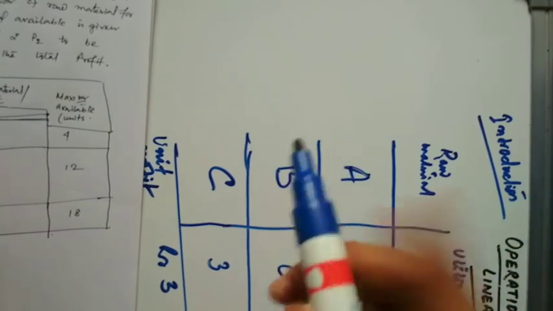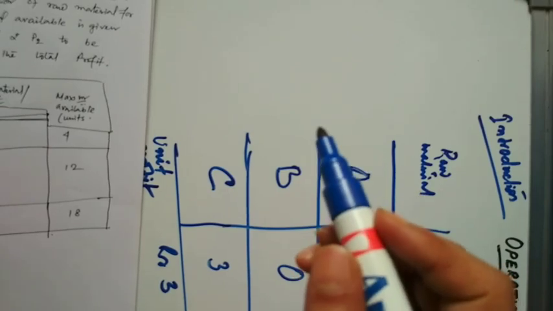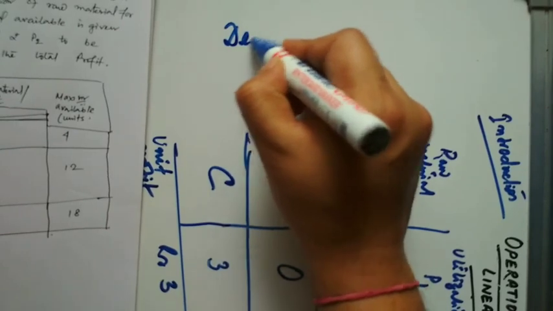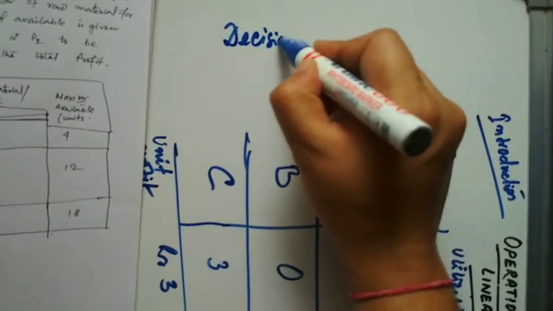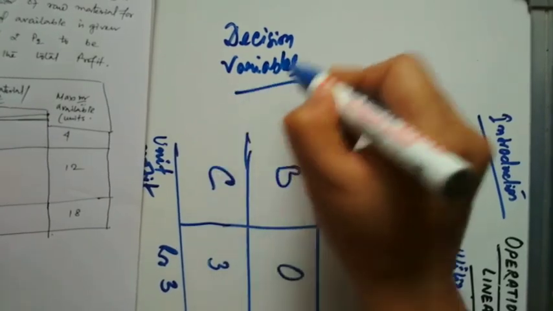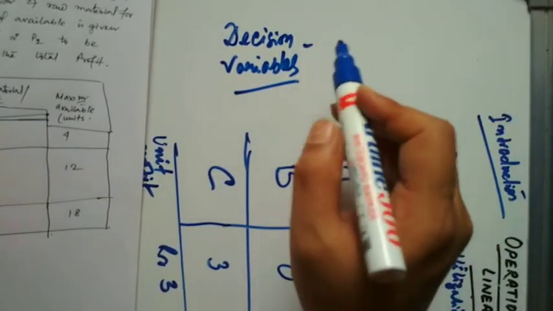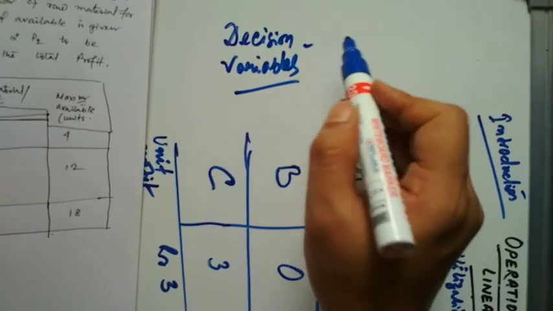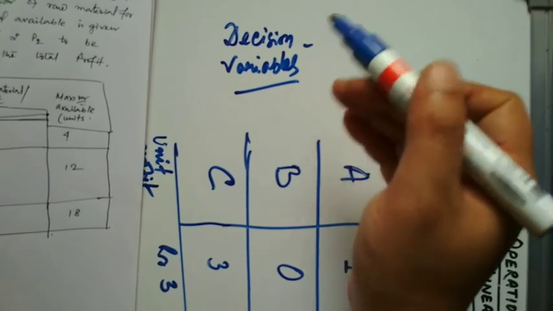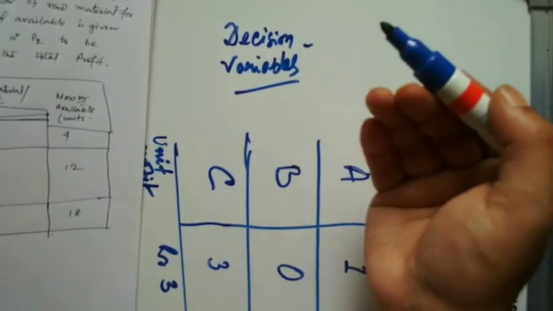For example, decision variables in a product mix manufacturing, for any manufacturing company, represent the quantities of the different products to be manufactured by using limited resources.